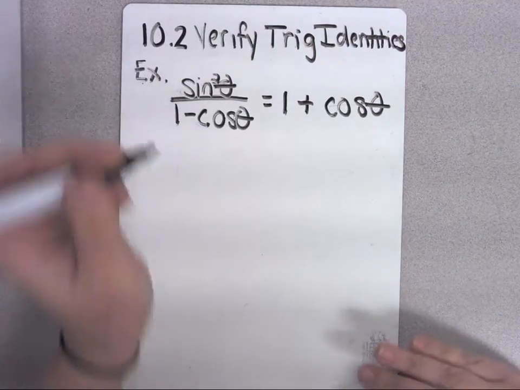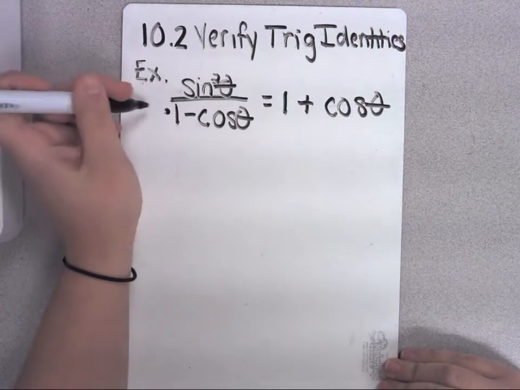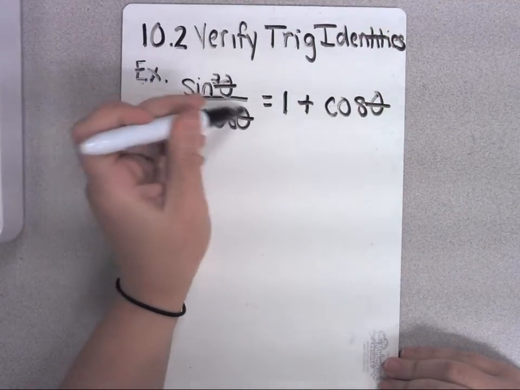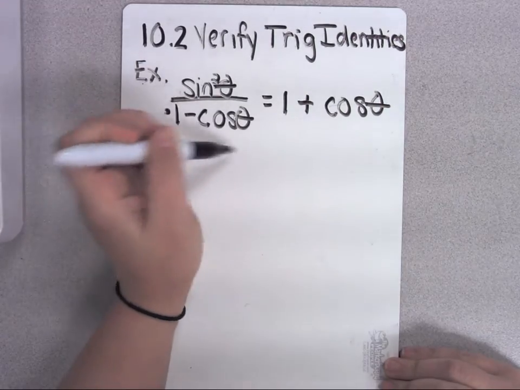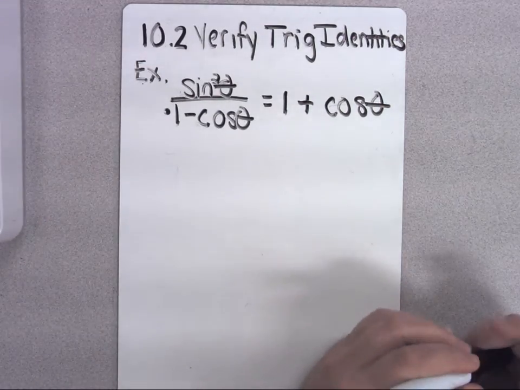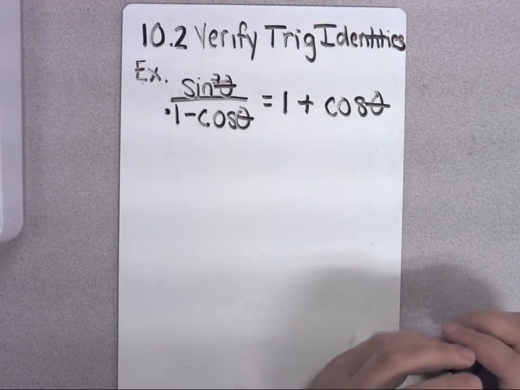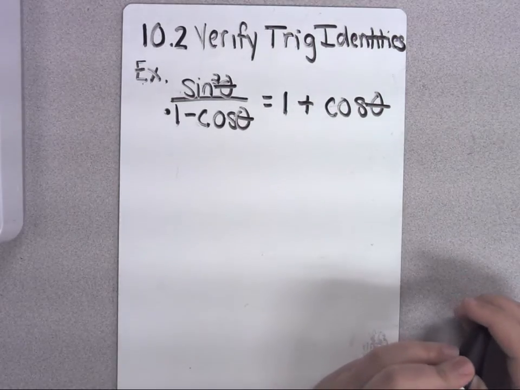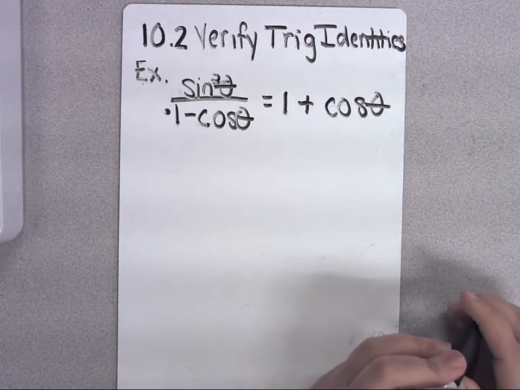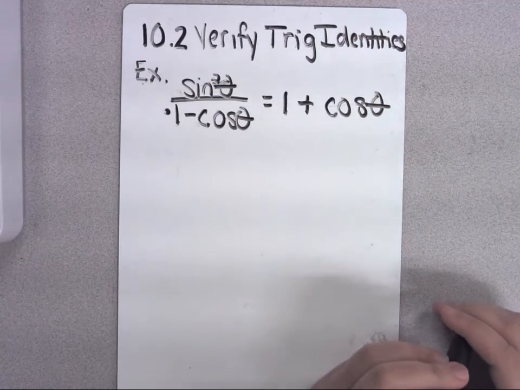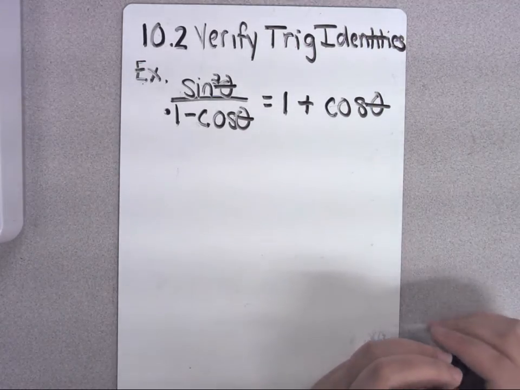Okay, so Isaac was right. We're going to multiply the top and bottom by, not this, but by its conjugate. Do you remember what the opposite of 1 minus cosine theta is? Yes.